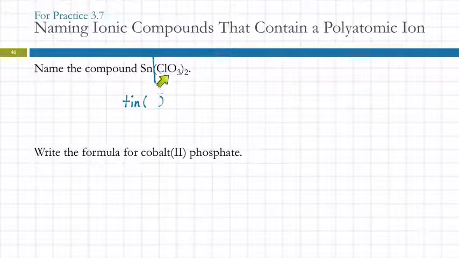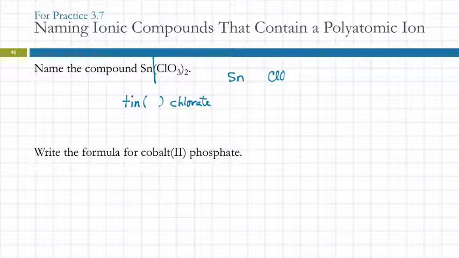And then we have to name this, ClO3. Chlorate. It's chlorate because that's what they decided to call it. And then we have to figure out the charge. There's one tin ion, and there are two chlorate. Oops, that's not chlorate.